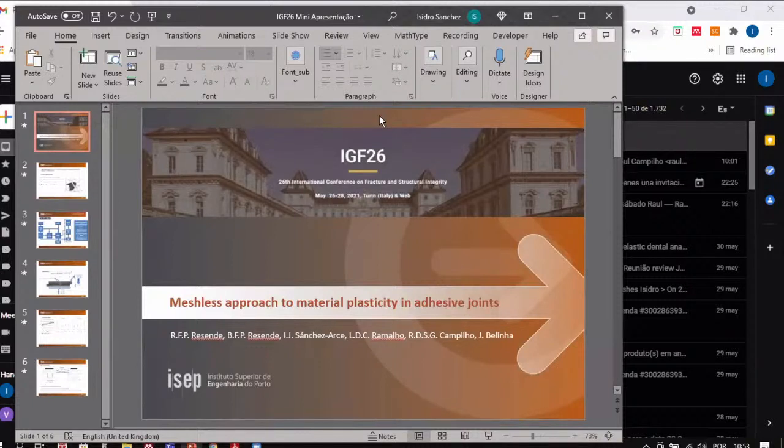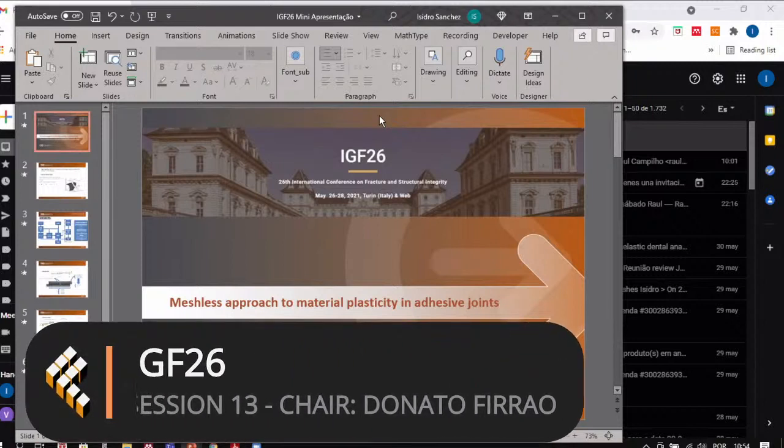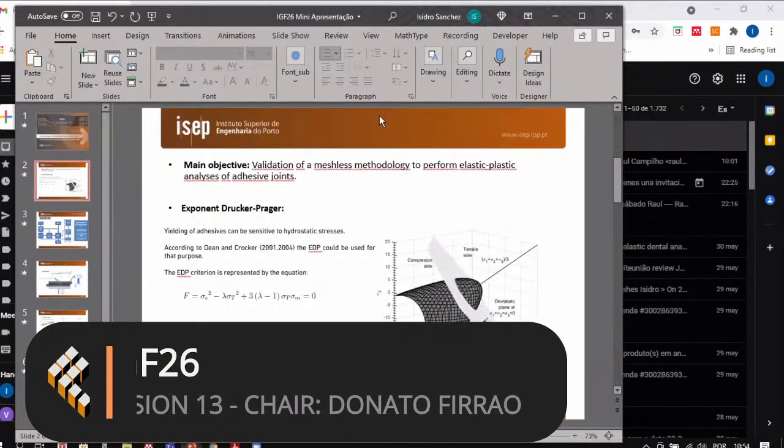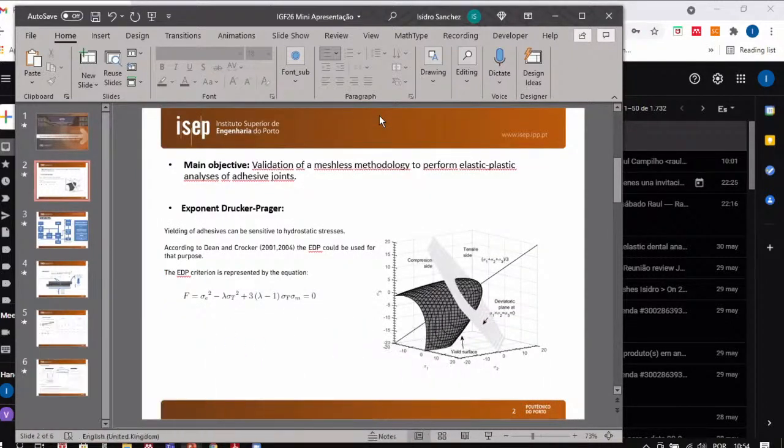It's quite common in the literature to use the von Mises yield criterion for analyzing adhesive joints, which is acceptable up to a certain point, mainly for brittle adhesives or adhesives with low ductility. In our case, upon some literature review and after some problems found with ductile adhesives, we decided to implement the exponent Drucker-Prager yield criterion into a meshless method.